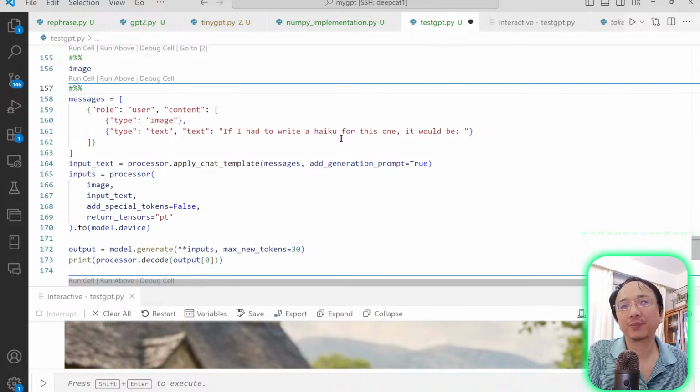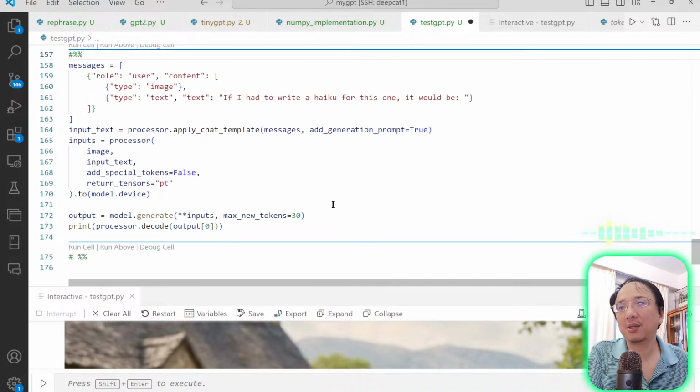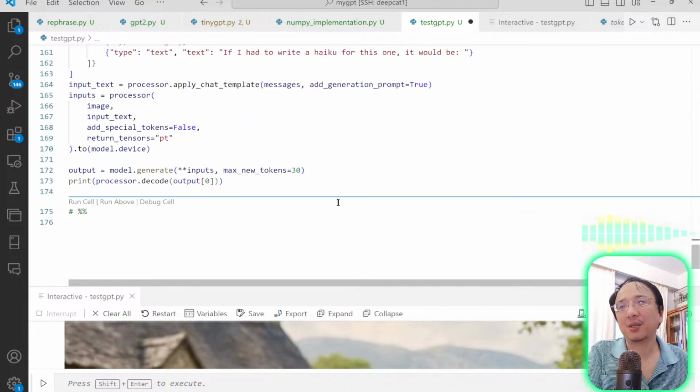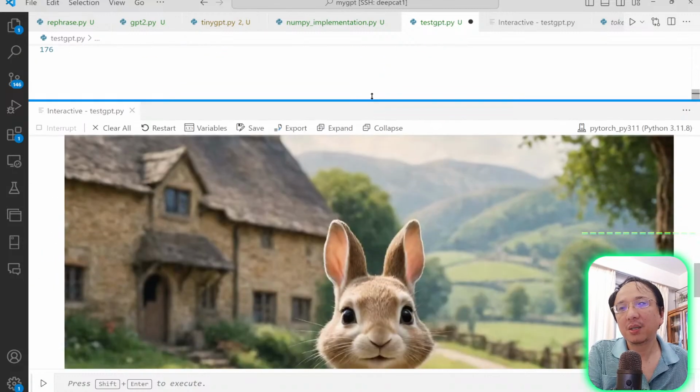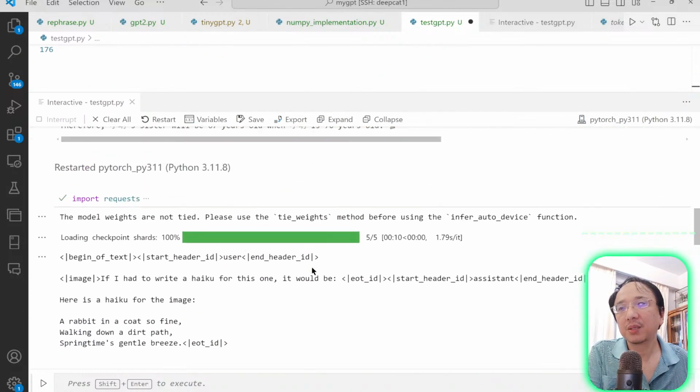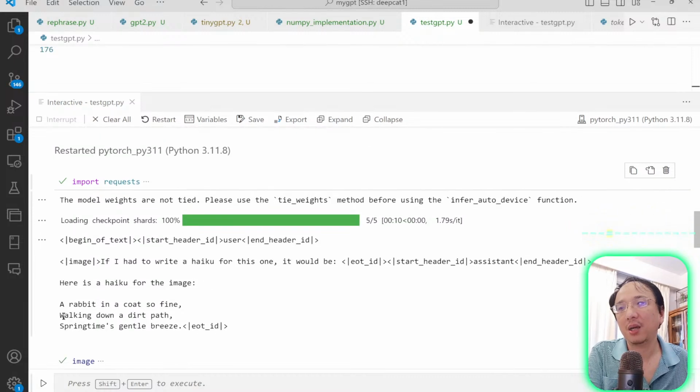A rabbit in a coat so fine, walking down a dirt path, springtime's gentle breeze.